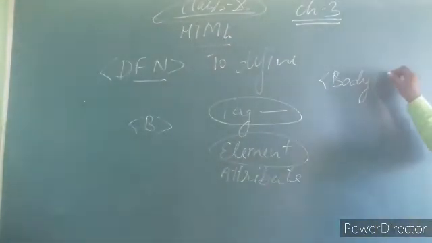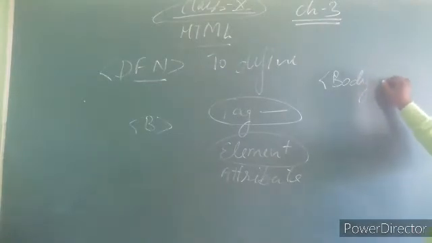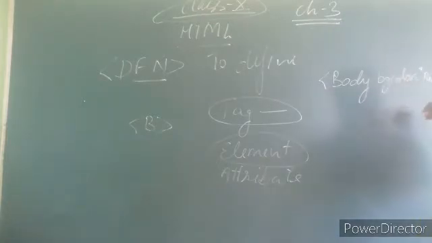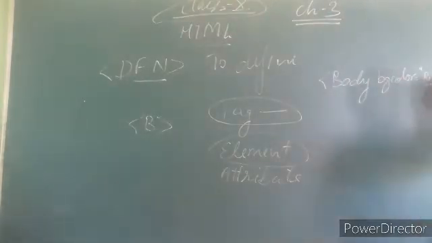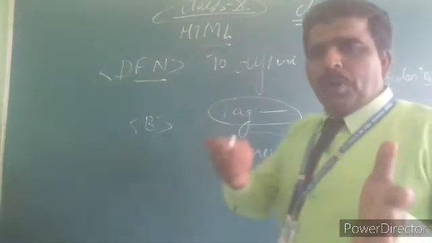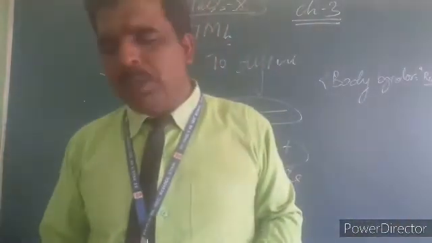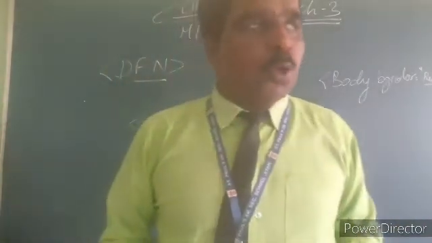After that, any attribute you are using, like BG color equals red. So here three things I have explained: this is tag, this is attribute, and this is element. Element means what value you are having.